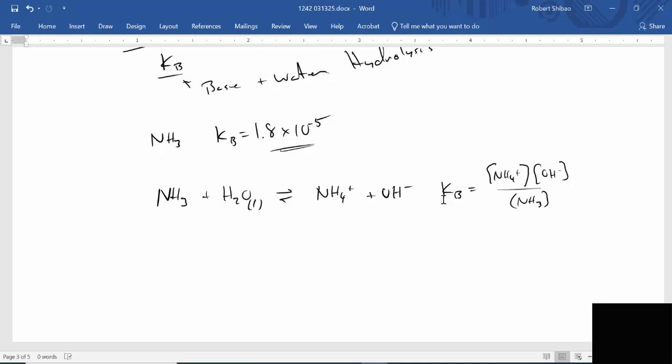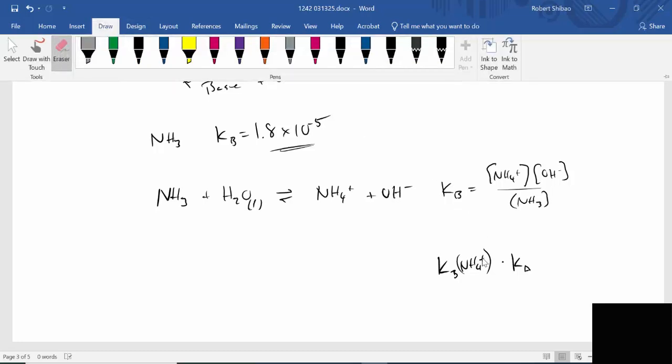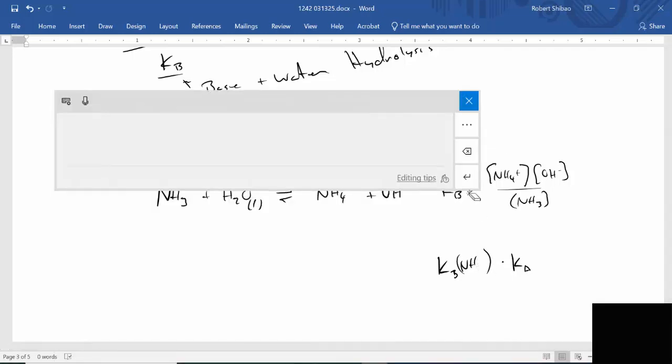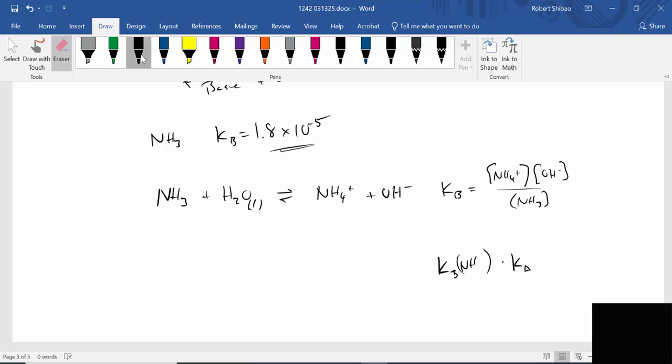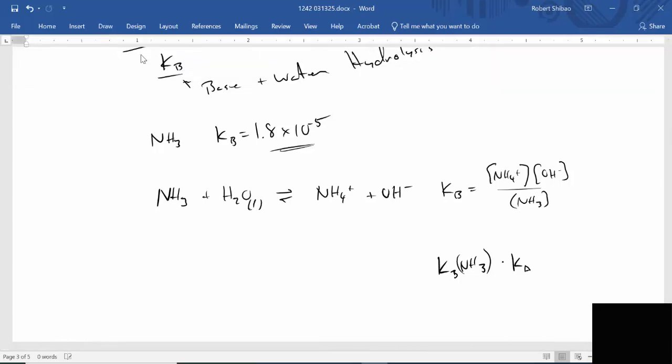Because the Kb for ammonia times the Ka for ammonium is equal to Kw. Ammonium's an acid.